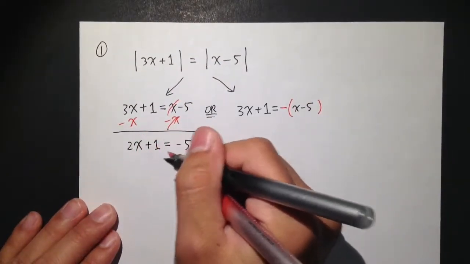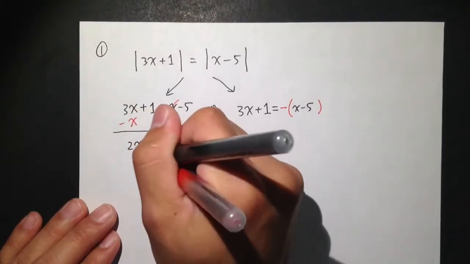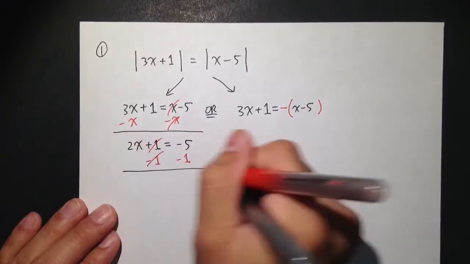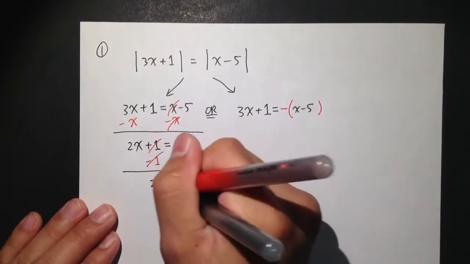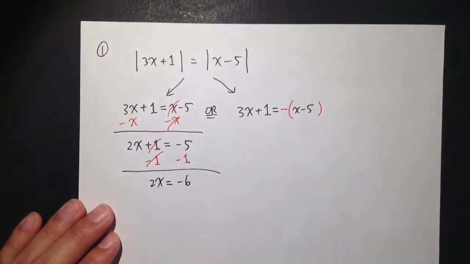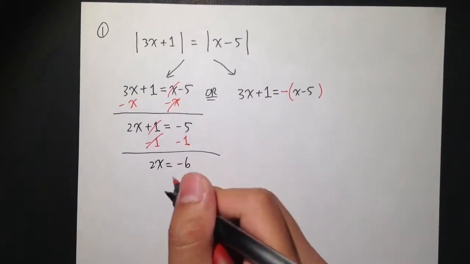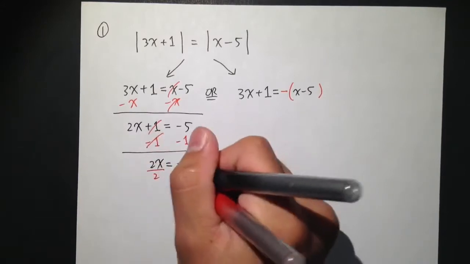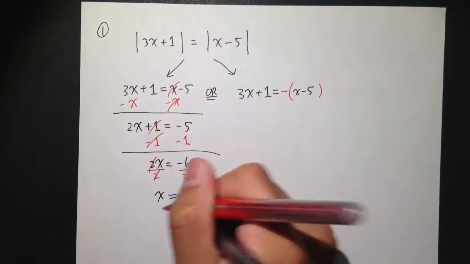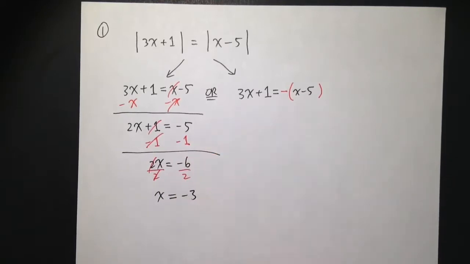Then I have 2x plus 1 is equal to negative 5. Subtract 1 on both sides. These two cancel out. I get 2x is equal to negative 5 minus 1, which is negative 6. So 2 times x is equal to negative 6. Let's divide both sides by 2, and I will get x is equal to negative 3.